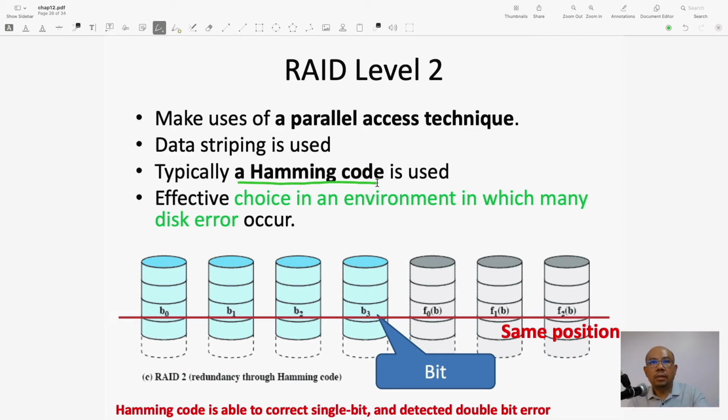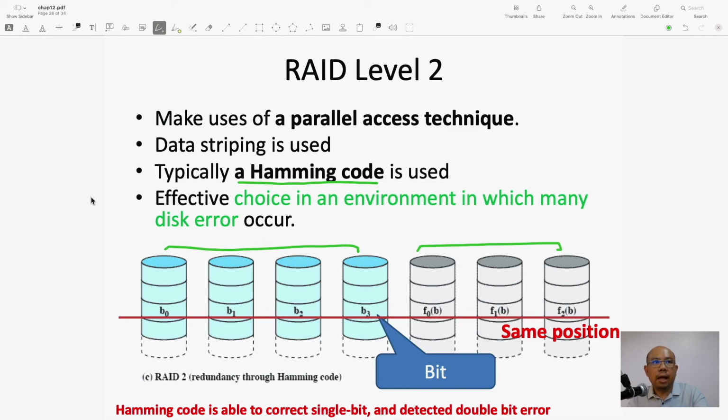Hamming code is calculated like a parity bit, making a bit to calculate the relation from the data. This is the main data, and this is the data from the Hamming code.